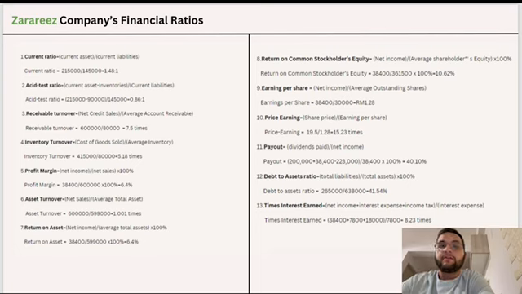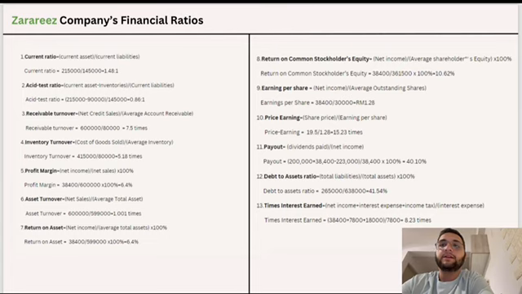Third, we're going to explain solvency ratios. Debt to equity ratio: Zara's debt to equity ratio is 0.5. This means that the company has 0.50 ringgit of debt for every ringgit of equity. A lower ratio suggests a more conservative approach to leveraging. And Zara's TIE ratio is 6. This ratio means the company's ability to meet its debt obligations depends on its current income.